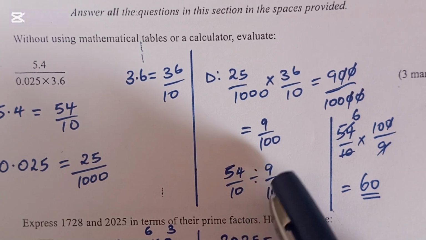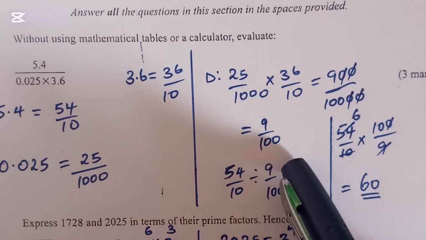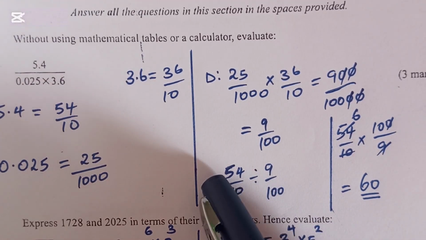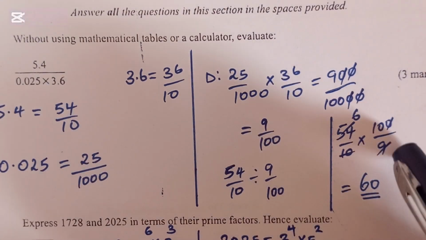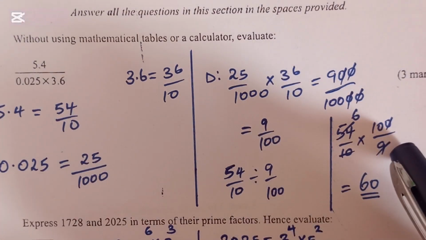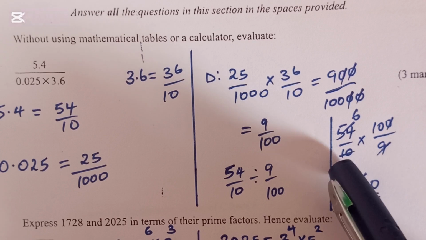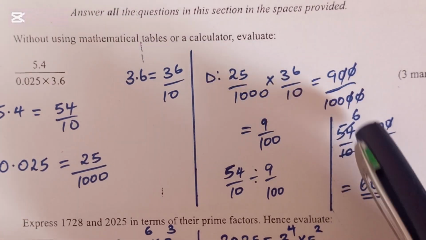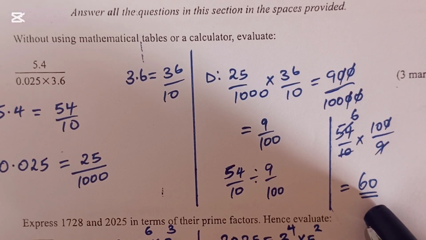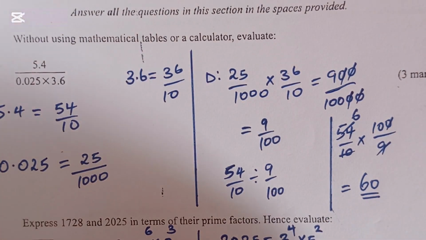So the reciprocal of 9 over 100 becomes 100 over 9. So it will be 54 over 10 multiplied by 100 over 9. In that case, the zeros cancel, 9 into 54 is 6, and 6 times 10 we end up with 60.